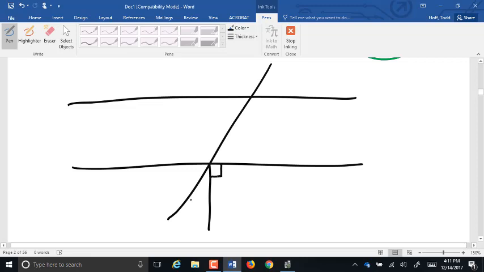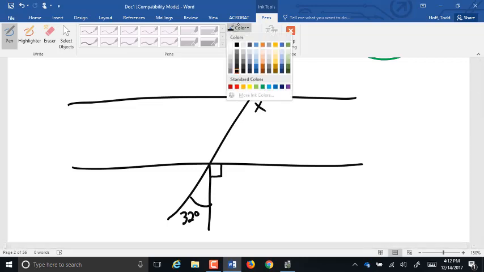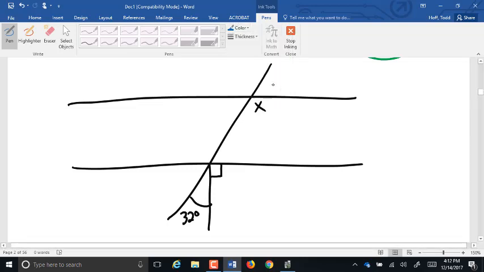You might have something like this, where I ask you to find that angle. How would we find that angle? Well, that angle there is going to be the same as this angle here. It's also going to be the same as this angle here.